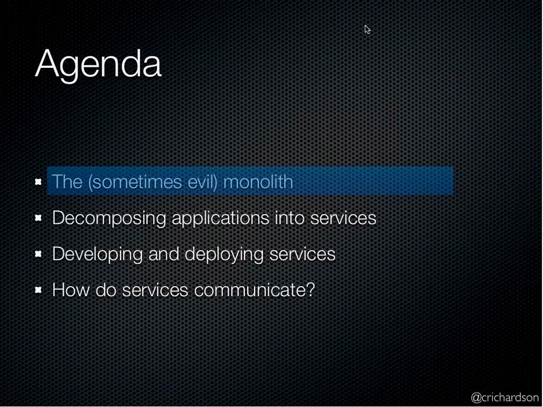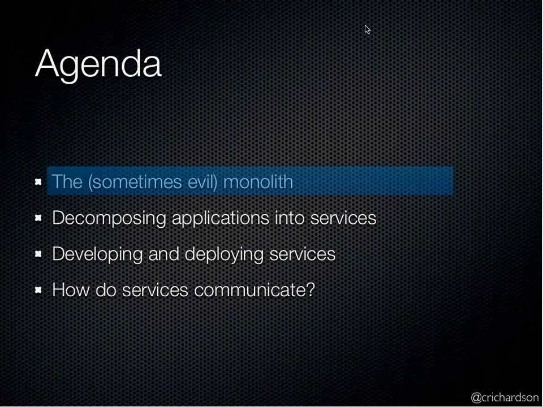So here's the agenda. First, I'm going to begin by talking about the monolithic approach to building applications and some of the drawbacks of that approach. And then I'm going to describe how, by breaking up your application into a set of services, you could call it a service-oriented architecture, though that's got a lot of negative connotations, you can actually improve many different aspects of your architecture.